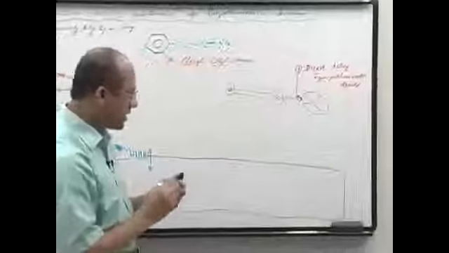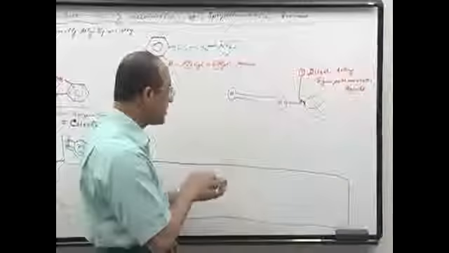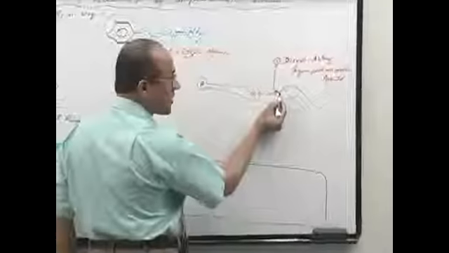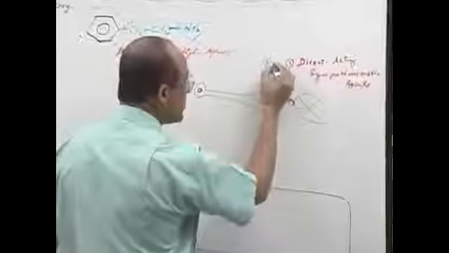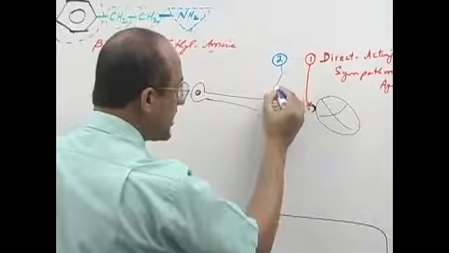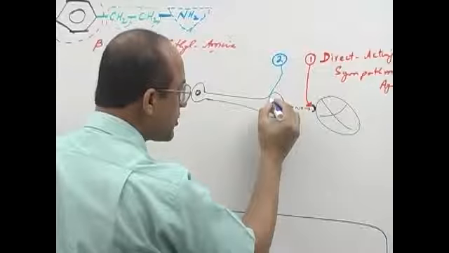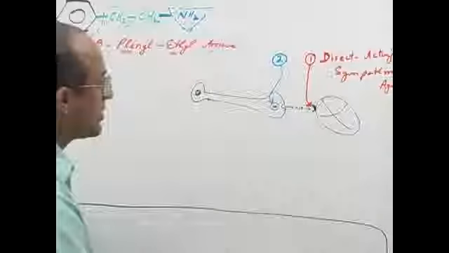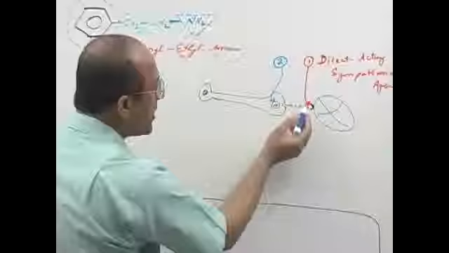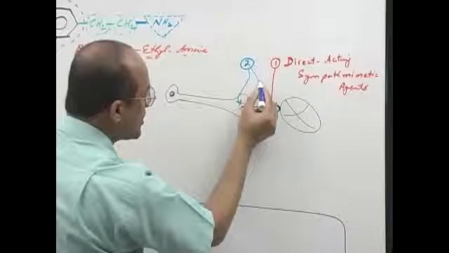Opposite to that, there is another group of drugs which do not bind with the receptors properly, but these drugs are taken up by the sympathetic nerve endings. This is the second group of drugs which do not bind with the receptors well.